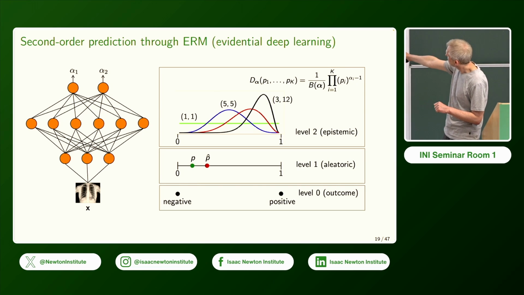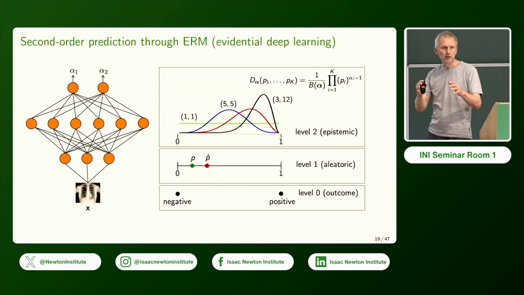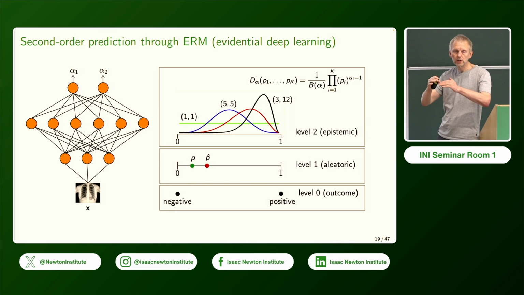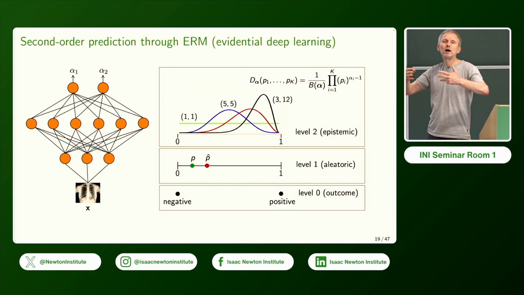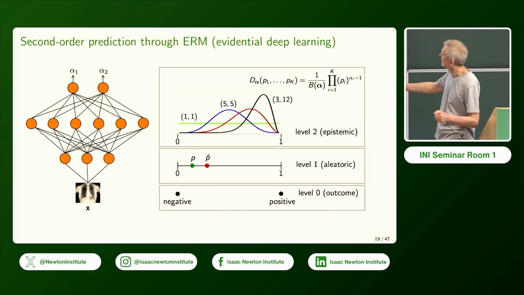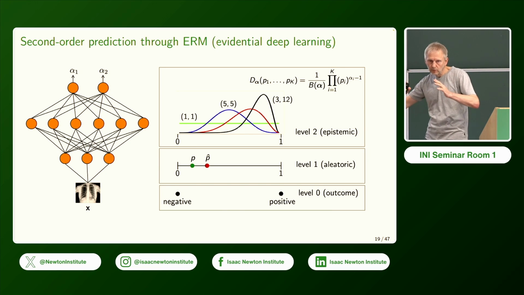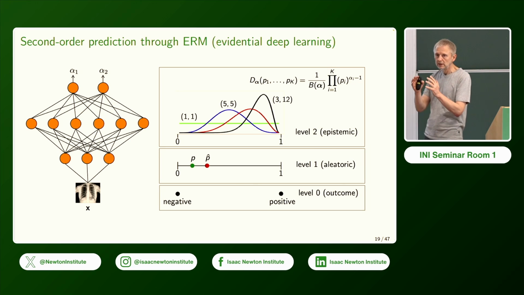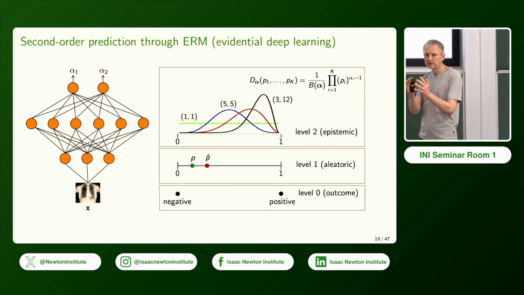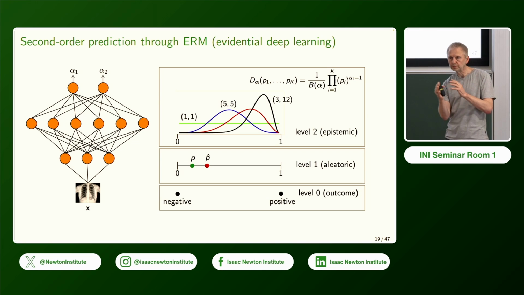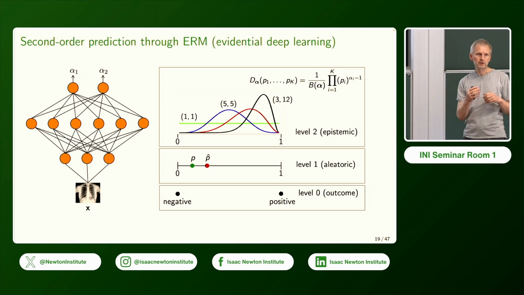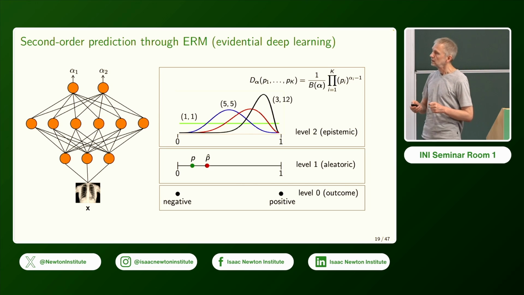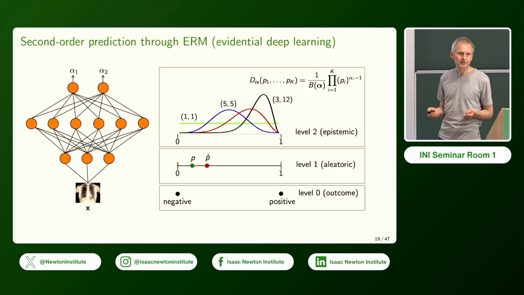And by choosing these parameters appropriately, you can predict different second-order distributions. 1, 1 is the uniform, suggesting high epistemic uncertainty. The higher the alphas, the more peaked, the more concentrated you make the distribution; the more different alpha 1, alpha 2, the more skewed. So you could play with these parameters to obtain a meaningful second-order distribution. So this is the idea.